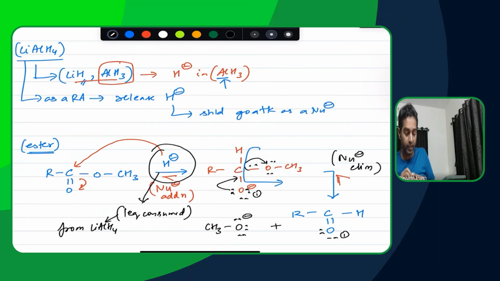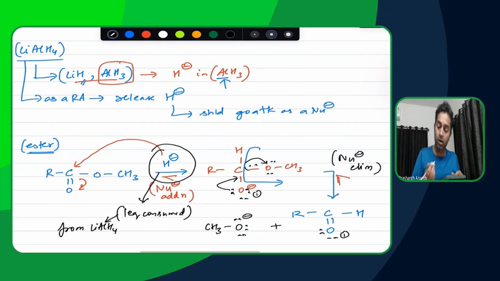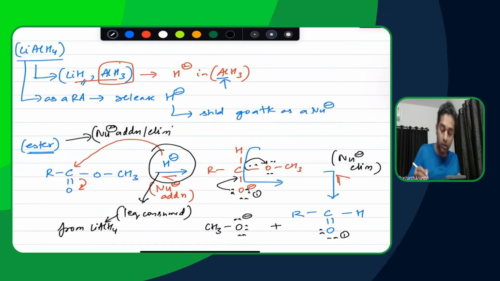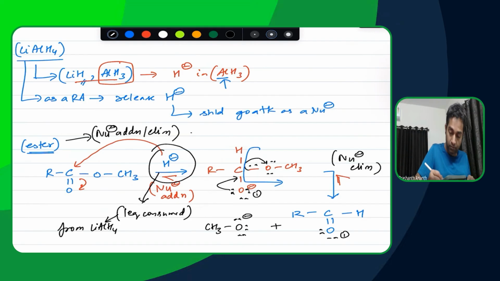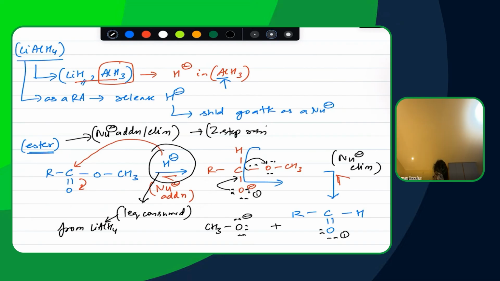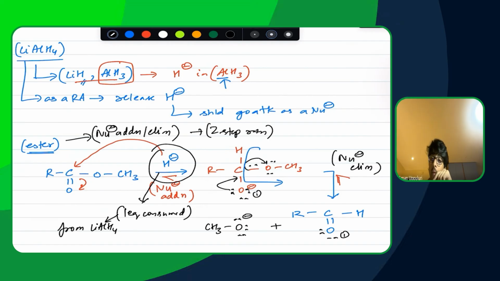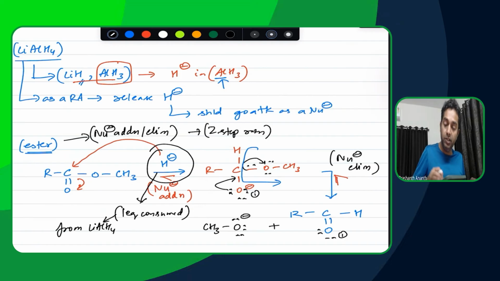So this particular reaction is called nucleophilic addition-elimination. Oh, sorry, this is not SN2. My bad. Something else was SN2. So this entire two-step process is the addition-elimination reaction. All acid derivatives do this mechanism.